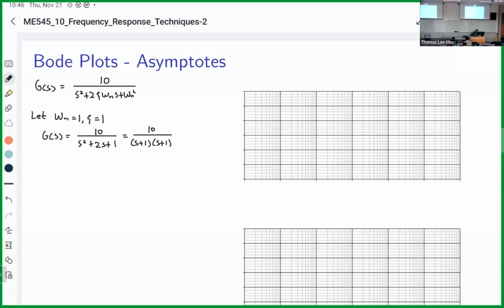All right, so this one's a very easy one to plot. What I'm going to do is draw my 0 decibel line right here on my magnitude plot. I'm going to find my break frequency, which is 1.